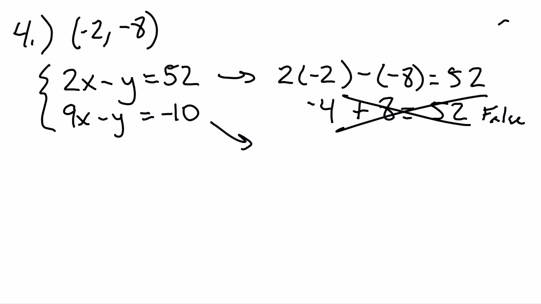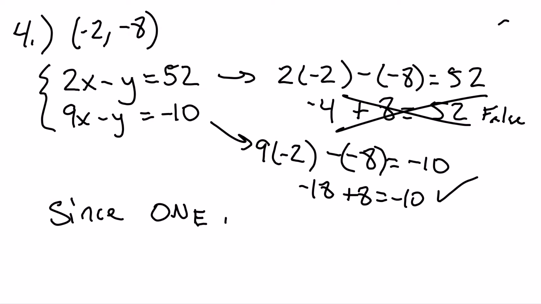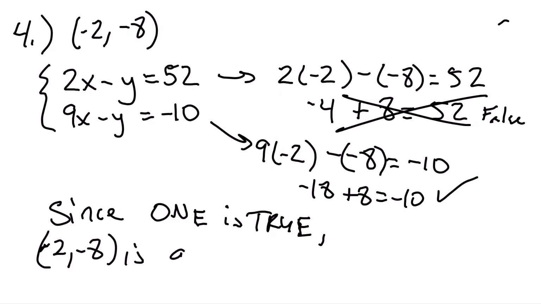Now I do the bottom one. 9 times -2 minus -8. That's supposed to equal -10. I get -18 plus 8. Does that equal -10? That's true. So I say since 1 is true, negative 2, negative 8 is a solution.